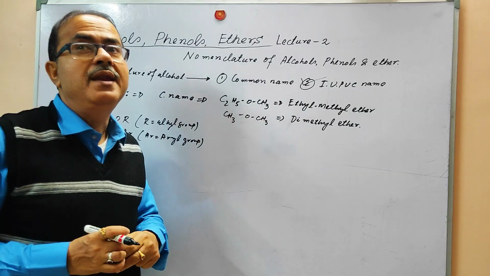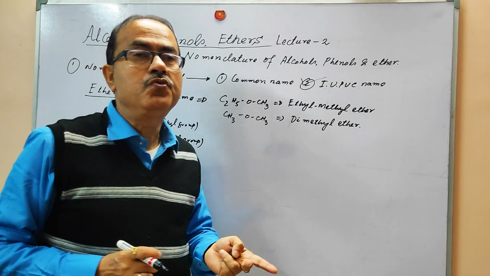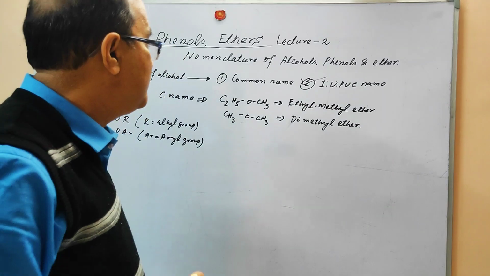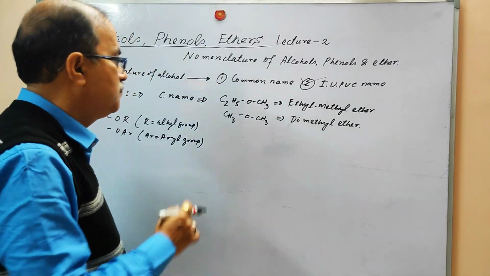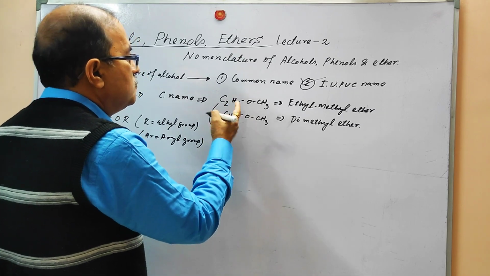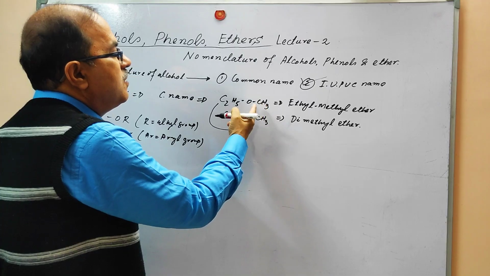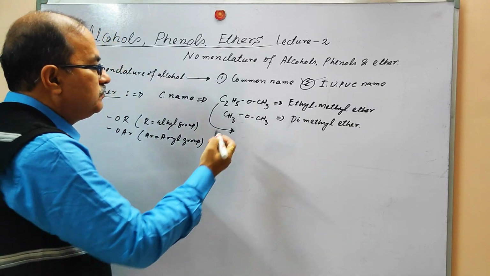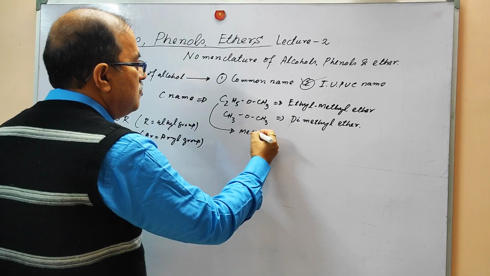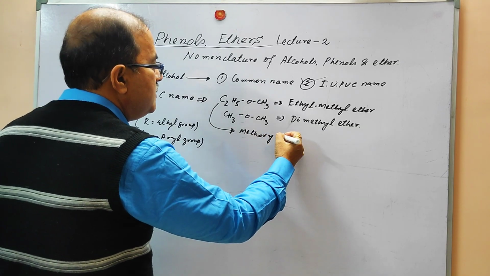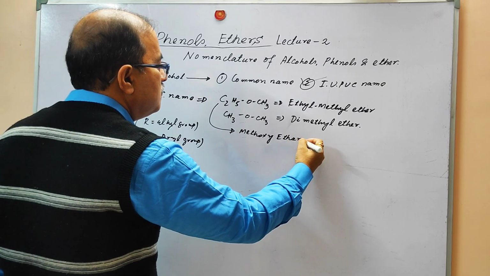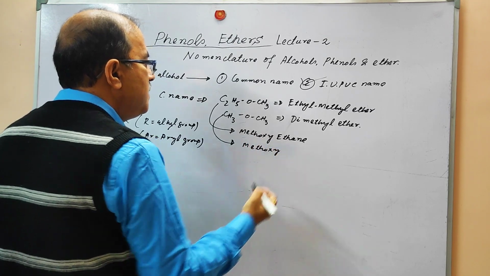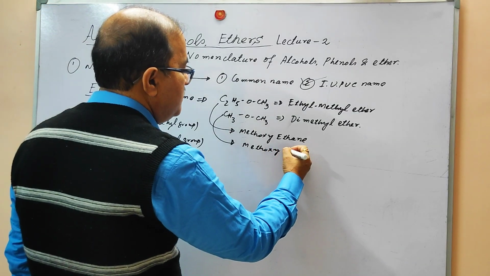That will be determined by the number of carbon atoms. The higher number of carbon atoms will be the name of the hydrocarbon, and the lower number of carbon atoms in the alkyl group will be the alkoxy or aryloxy group. For example, here one carbon atom is the methyl group, whereas ethyl has two carbon atoms. So the name will be methoxy methane.